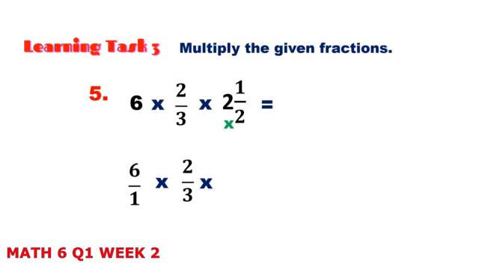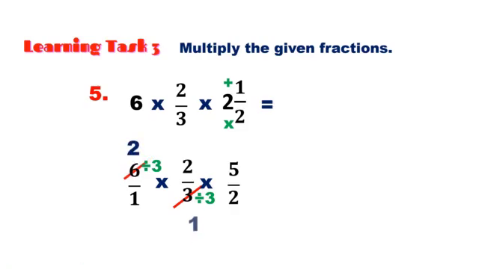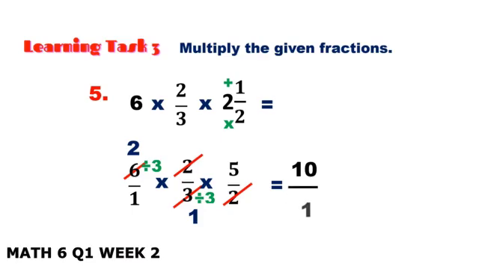So 2 times 2 equals 4 plus 1 equals 5 over 2 or 5 halves. 6 and 3, the common factor is 3. 6 divided by 3 equals 2. 3 divided by 3 equals 1. You can cancel 2. So the remaining numerators are 2 and 5. And that is 10. Then 1 times 1 equals 1. And that is same as 10.